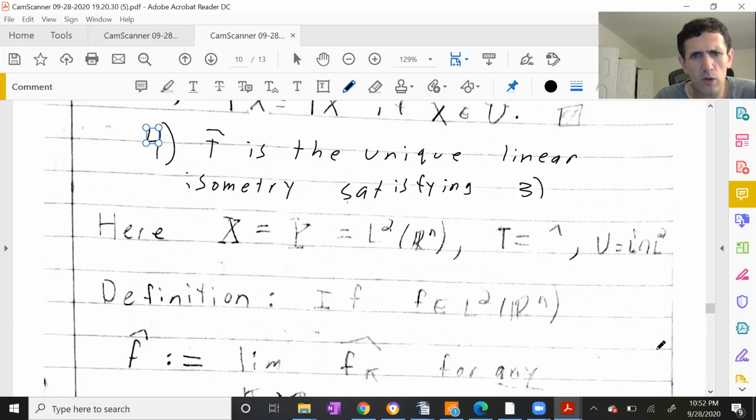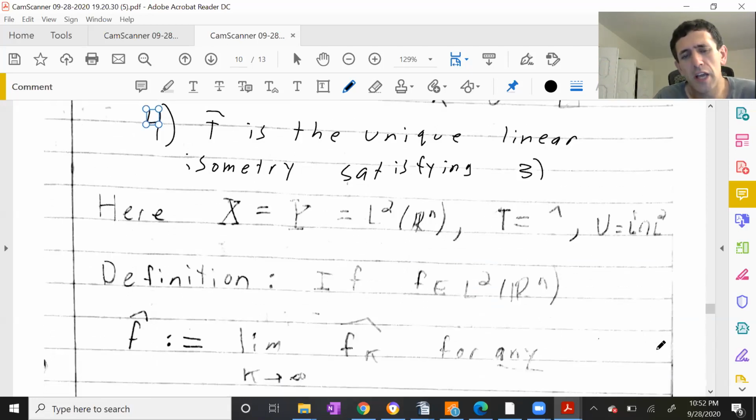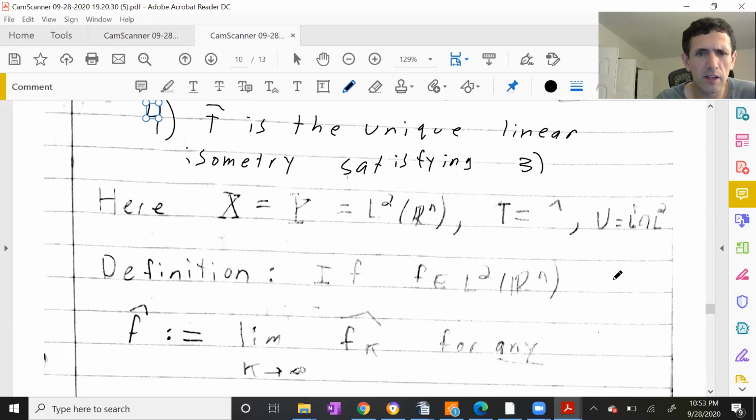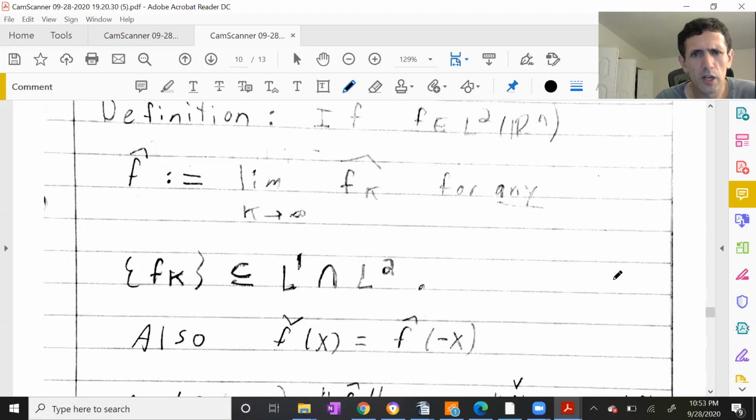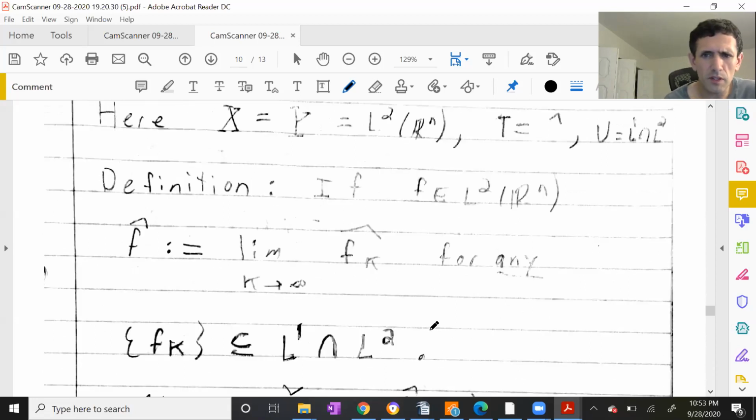All right, so by definition, and this is nice because this is saying this is the only way to define the Fourier transform on L2. The uniqueness property says you cannot define it in any other way to coincide with the Fourier transform on L1 intersect L2. So pick any f_k in L1 intersect L2 converging to f in L2.